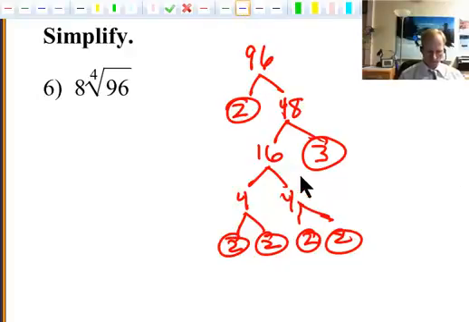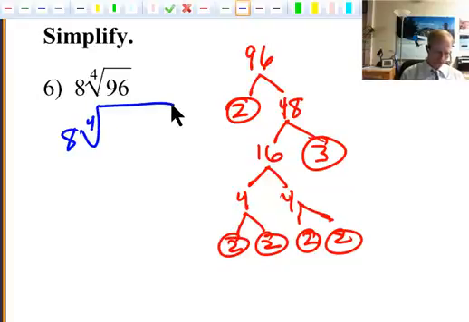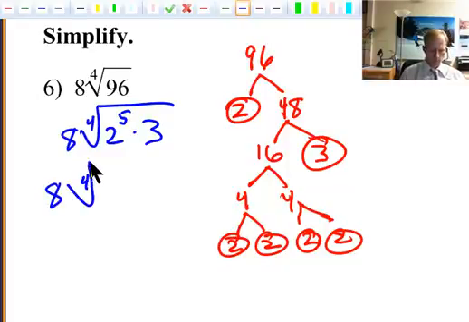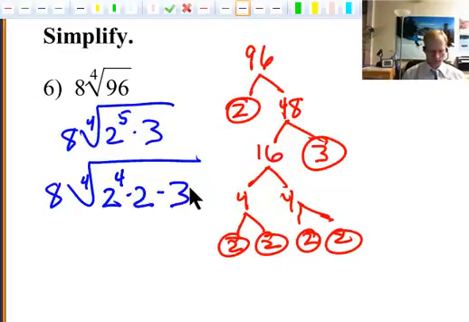Okay, so I can write 96 as 2 to the 5th times 3, and that's 8 times 4th root of. Now, because I'm talking about the 4th root, I'm going to rewrite 2 to the 5th as 2 to the 4th times 2, and that is times 3.